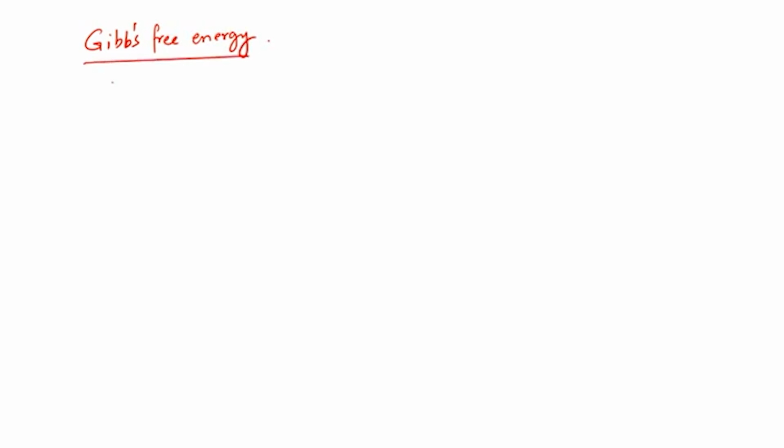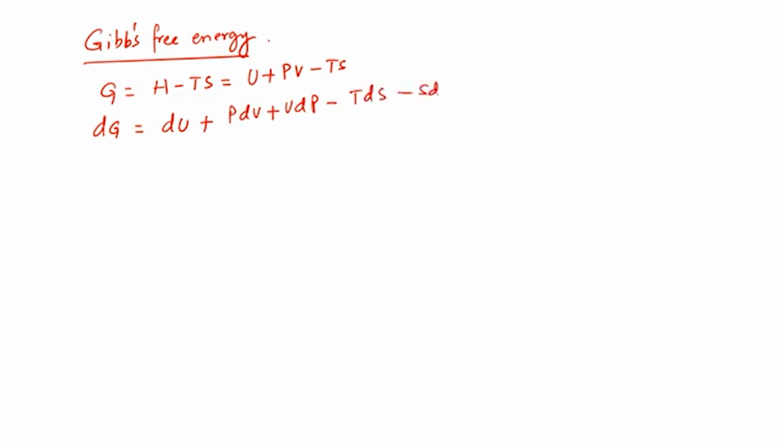So, this is written as G is equal to H minus TS, or is equal to U plus PV minus TS, and so dG becomes equal to dU plus PdV plus VdP minus TdS minus SdT.